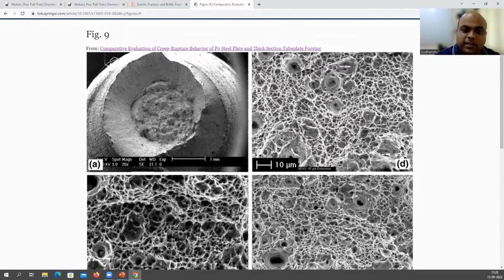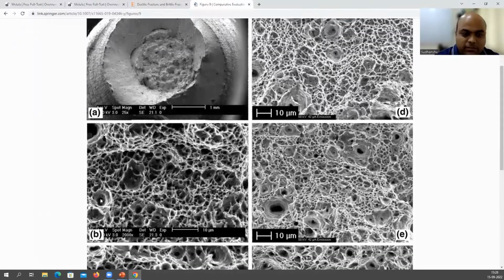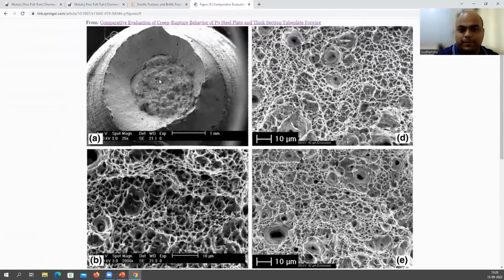What I have shown here is a cup where you can see the fibrous as well as the shear zone. You can see dimples. It is multi-modal, I would say, because you have different sizes of dimples. These are finer dimples, then you have very coarse dimples here. And you can see some inclusions of second phase particles, isn't it? So this is how your dimples are going to look. This is typically the cup of a cup and cone fracture. So there are two parts, cup and cone, and this is like a cup.